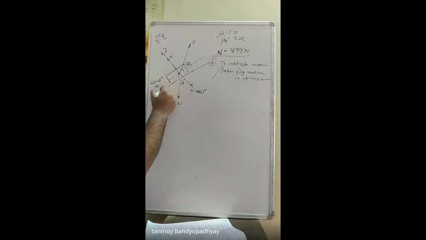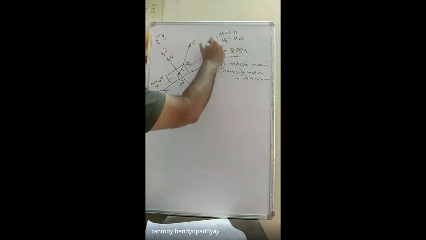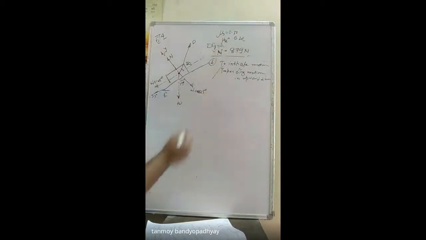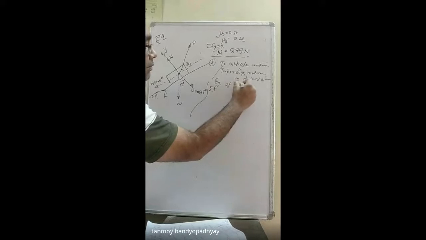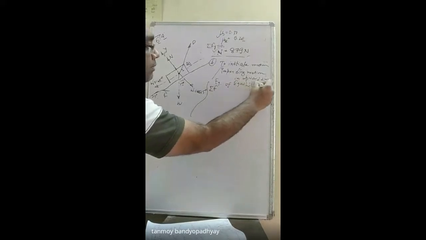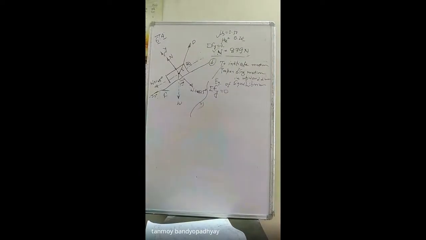Okay, so now Fy remains the same. Since it's independent of F, with this part, when sigma Fy is equal to 0, we don't need to repeat that part. Only for equations of equilibrium. Sorry, not Fy, sigma Fx is equal to 0 we have to do.